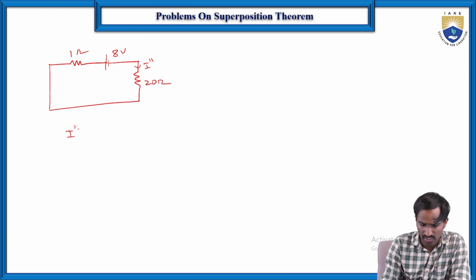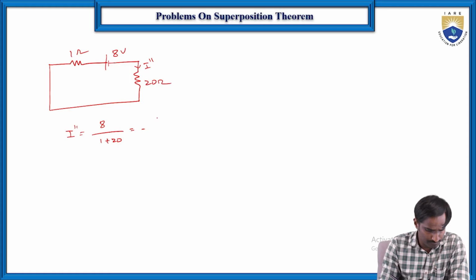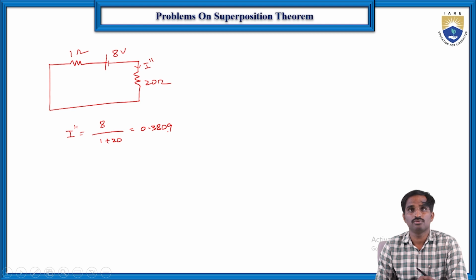Here it is very simple. I double dash is equal to the total voltage V by 1 plus 20. In the same direction, it is equal to 0.3809, right? So this is the value of I double dash.